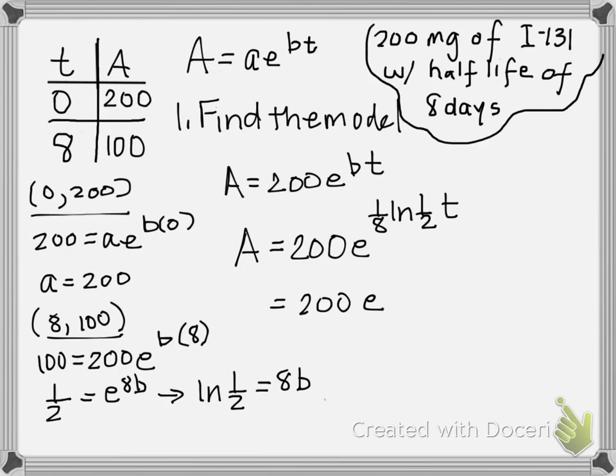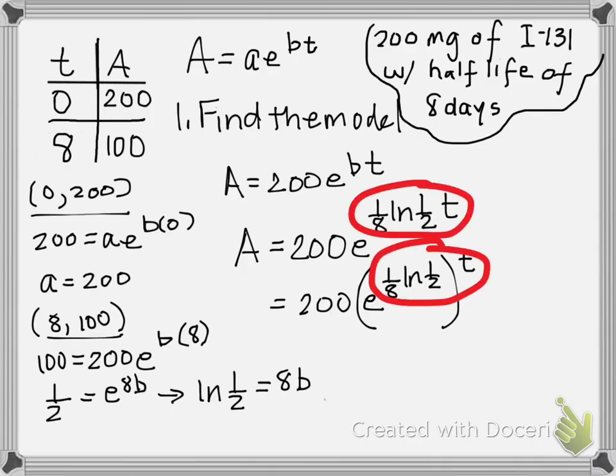So I could say I've got e to the 1/8 ln 1/2, and then that is raised to the t. That's important to remember, because when I have a power to a power, I multiply. So these are equivalent: the power to a power is equal to the product of those two factors.